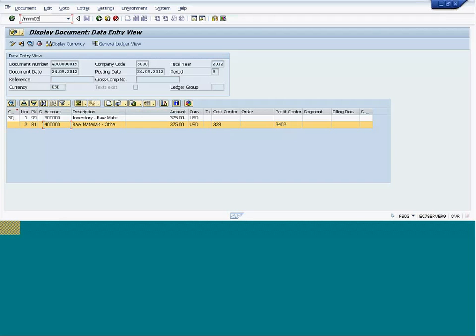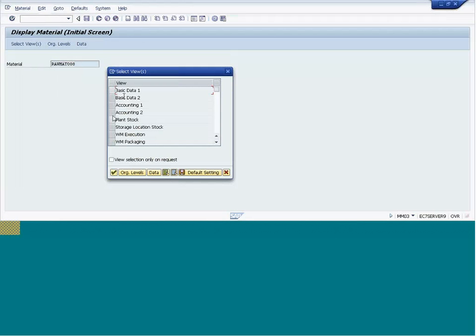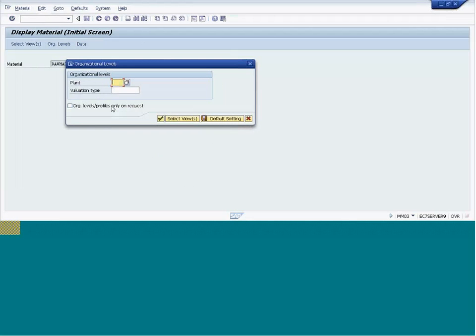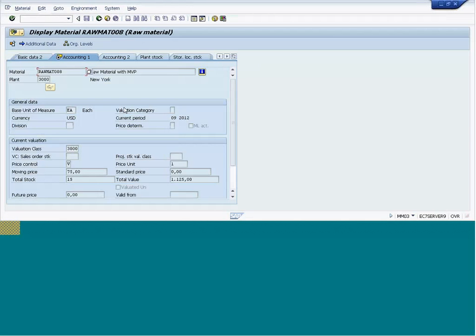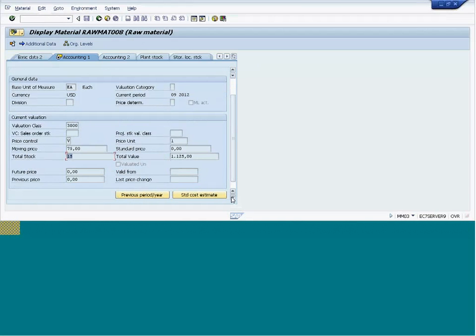Yeah. So I'm going to MM03, right? Same raw material. So now let's say plant 3,000. Here 75 doesn't change, right? Now the stock is only 5 there, right? So it's going to go like that, okay? So the total value is what? That's for 15 quantity now. That's the total value, $1,125.